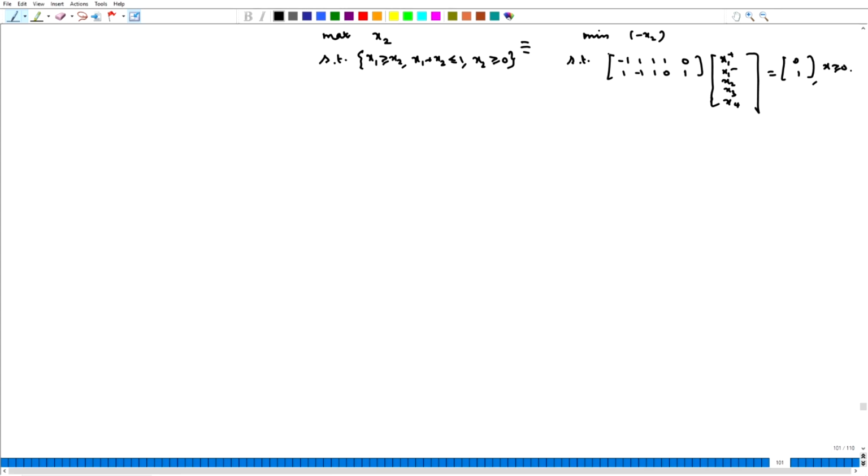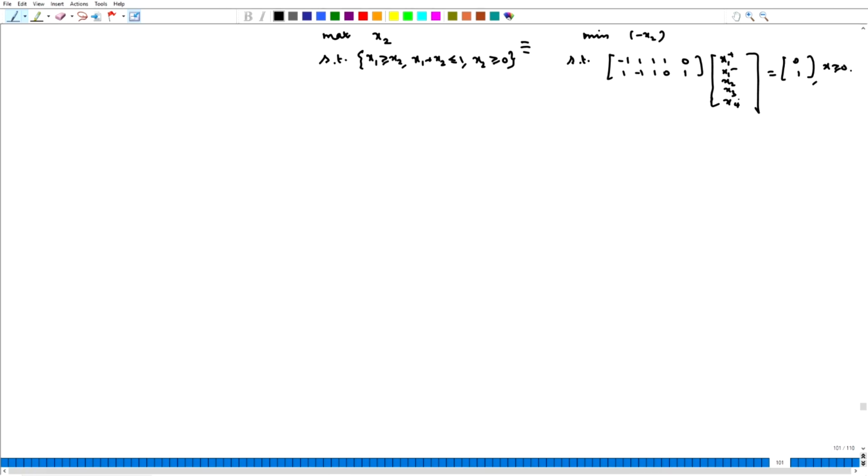Now, in canonical form, what we have to do is first introduce one more variable x5, which is equal to 1 always, and this has to be brought in here.